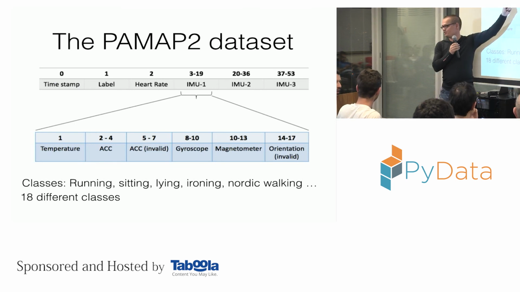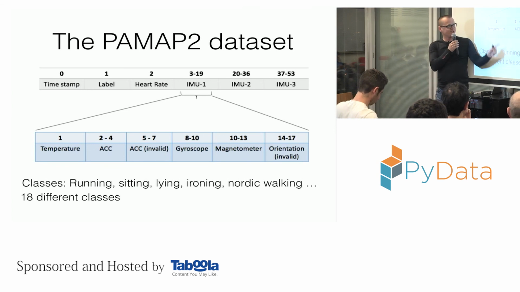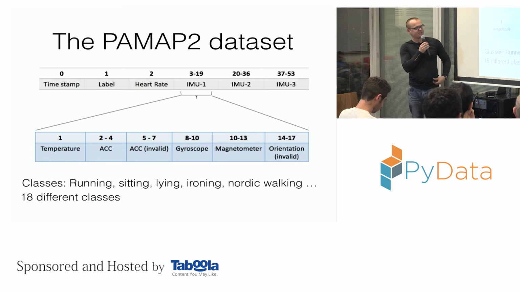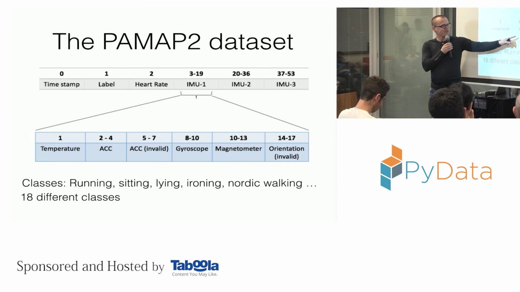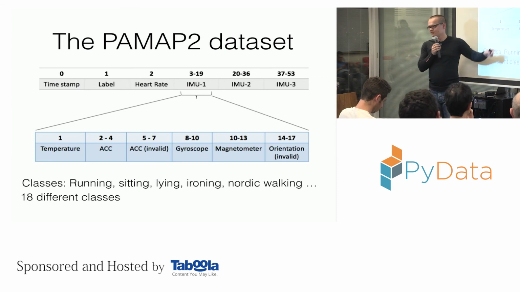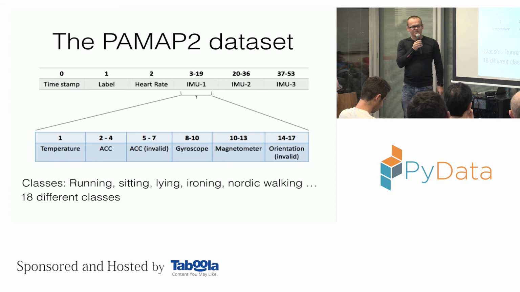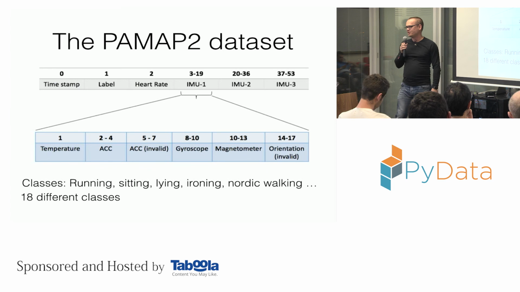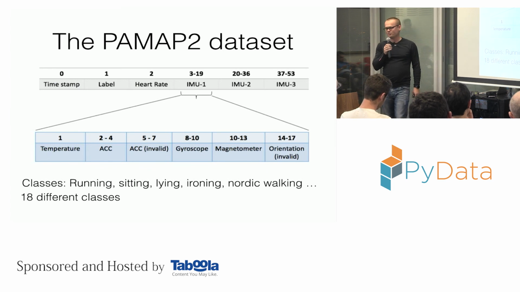We have the heart rate, and the measurements of three different variables. And each variable consists of 17 fields, which are the temperature, the acceleration, and pay attention, there are about 7 fields that, after the data was collected, they concluded are invalid and should not be used. So our mission is even more complicated.